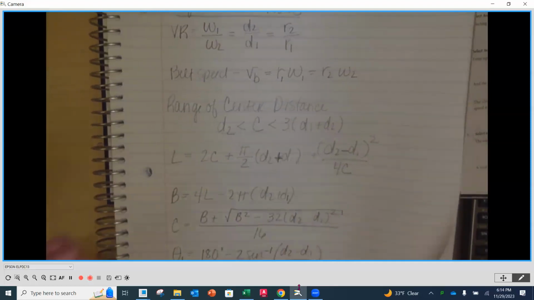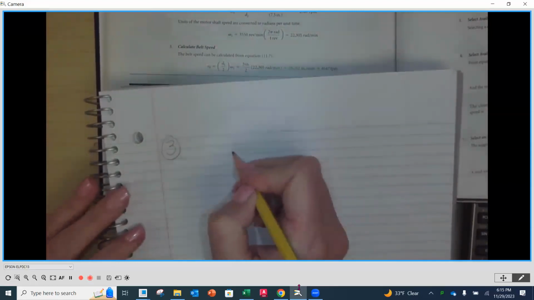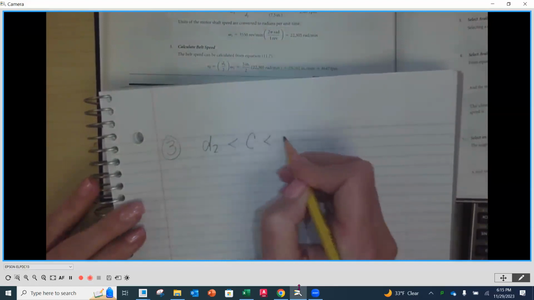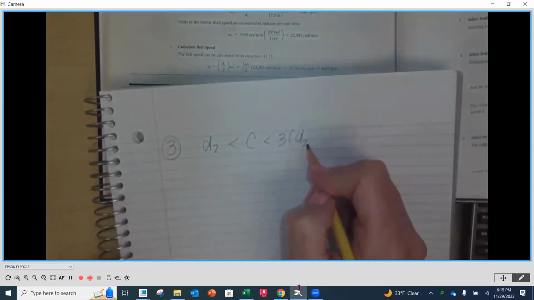I'm going to turn my page here. I think I'm on step number 3.